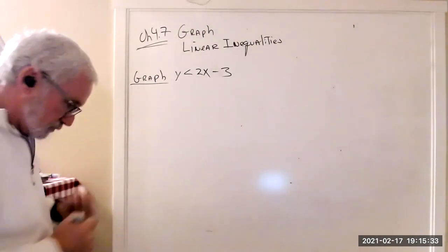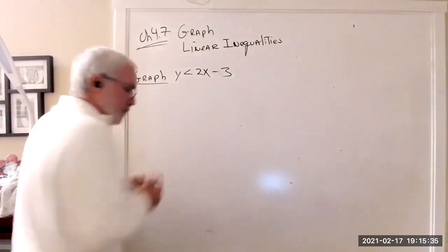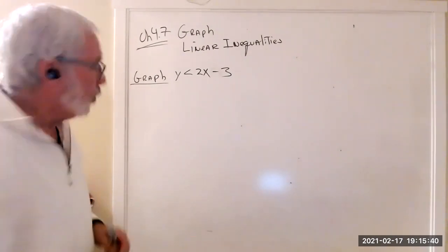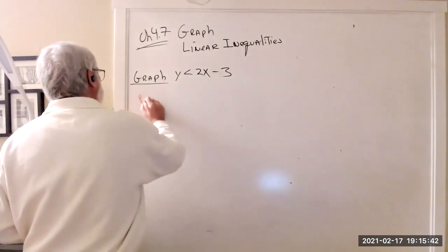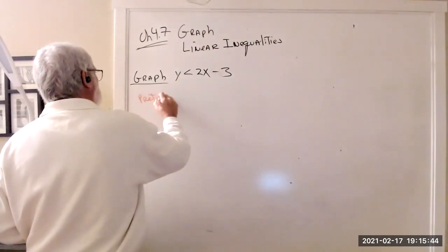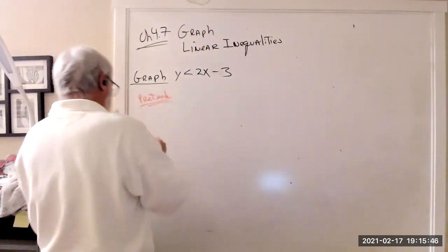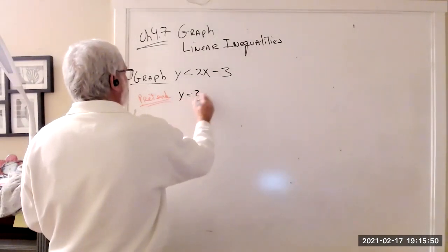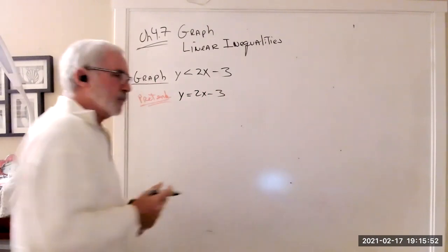Well, the first thing we're going to do is what we learned last night. We're going to pretend that this is y equals 2x minus 3.